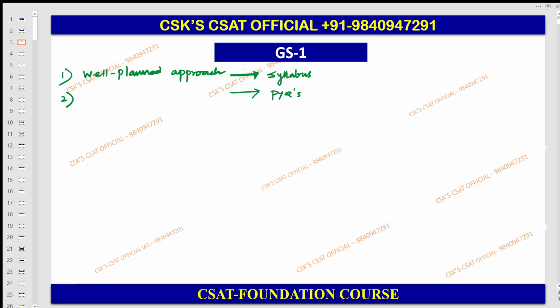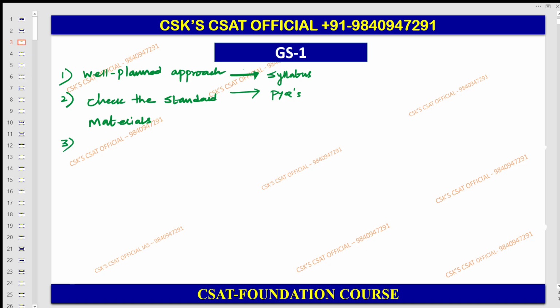The second thing is to check the standard materials. This can be applicable to all the papers, up to GS1, GS2, GS3, GS4, optional, whatever. General things first let us discuss, and then we'll move on. Standard materials are very, very important.